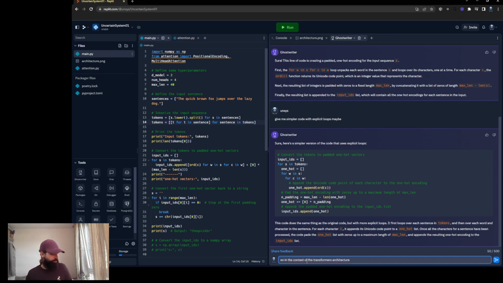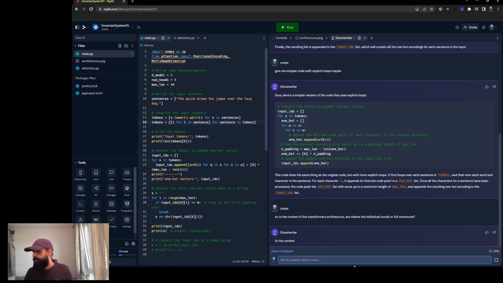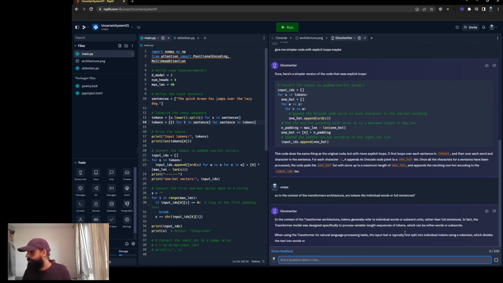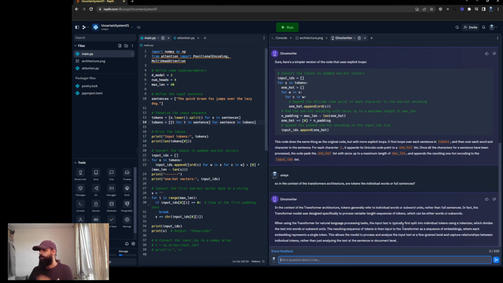That's kind of what makes it difficult, but also what makes it an actual good learning experience. So in the context of the transformers architecture, are tokens the individual words or full sentences? I think they are the individual words, right? Yeah, or even sub-word units.